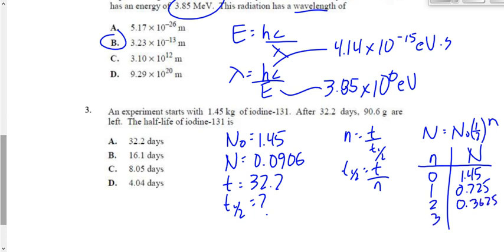After 3 half-lives, 0.18125. And after 4 half-lives, we get 0.0906. So we got 4 half-lives. We're going to say the time here is 32.2 days divided by 4 half-lives, which gives us 8.05 days. Our answer would be C.